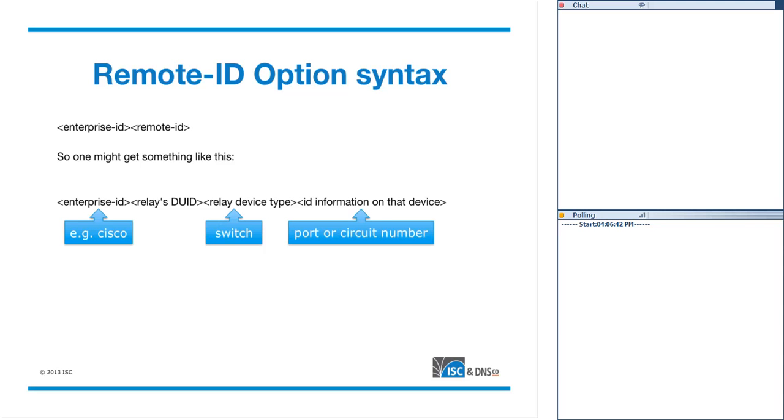So you could put in, for example, a switch type or a router type, and then you could add whatever specific identifying information you want for that particular device. So in this case, you might imagine a switch for an ISP where the port or circuit number specifies the actual client. And if you knew how this information was laid out, you could write up a class or something like that that would extract the appropriate information to make a decision that this particular circuit number means this particular client ID and hand it the appropriate information for that particular client.